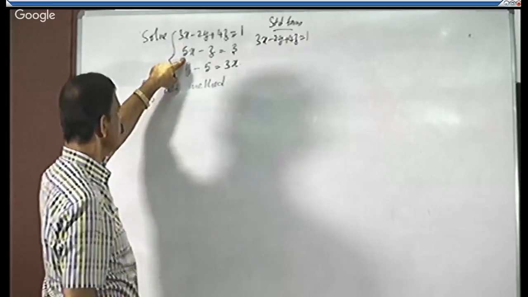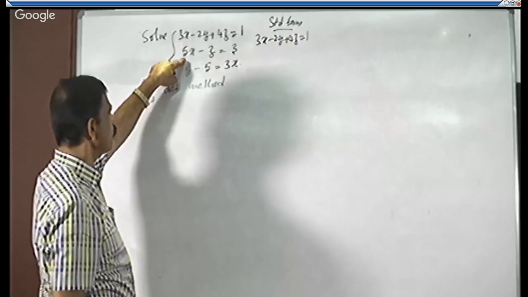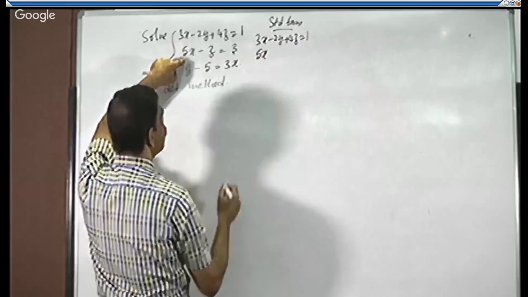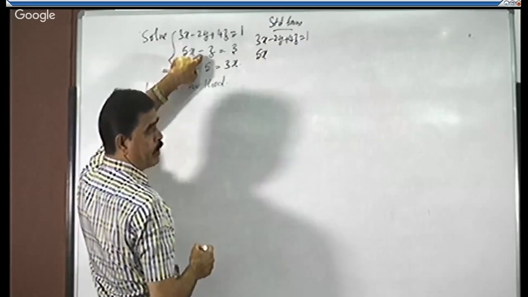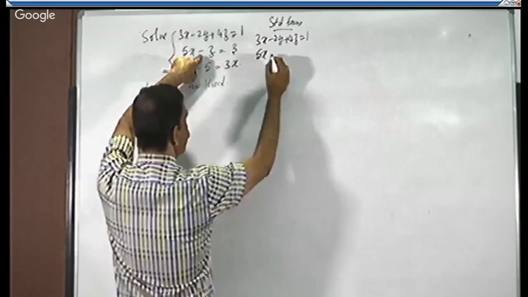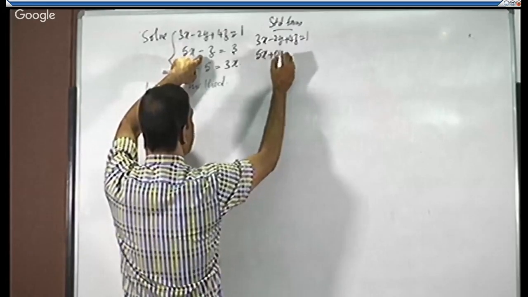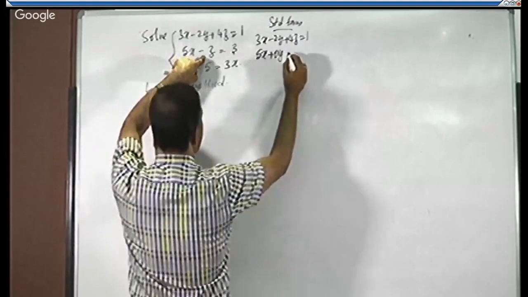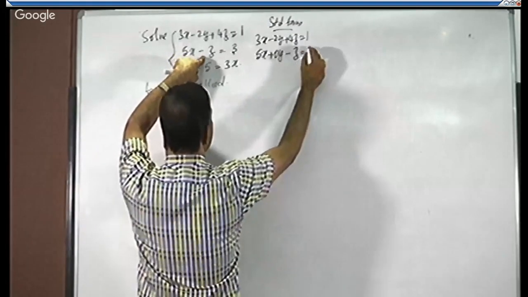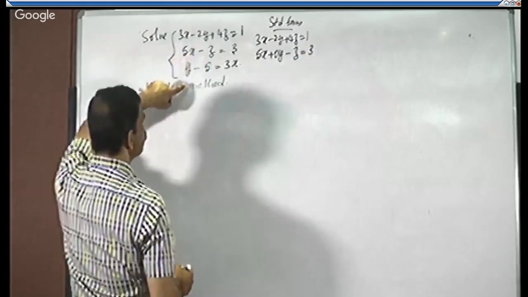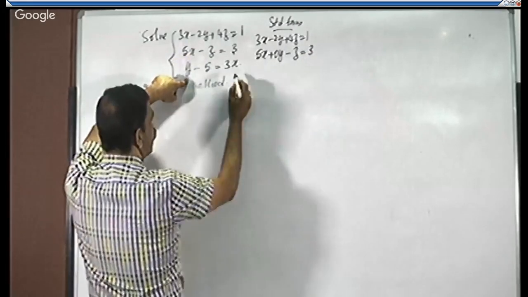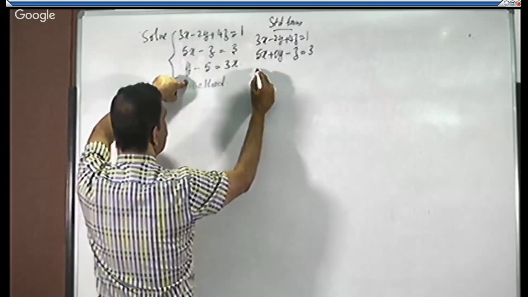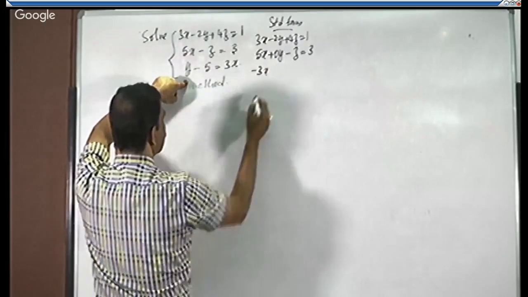Let us go to the second equation. We have the x term, 5x. Do you find a y term? There is no y term. Therefore, put 0y. Then minus z is equal to 3. See the third equation. The x term is on the right side. We just take it to the left side, so it becomes minus 3x.